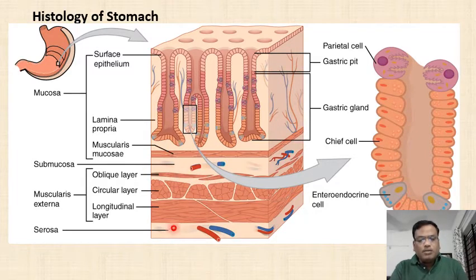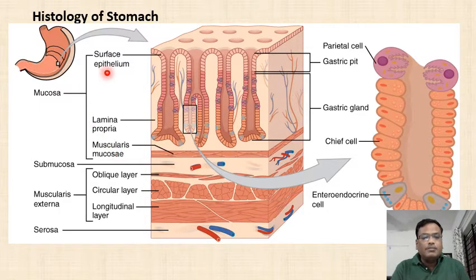So because of these three kinds of arrangements, the muscularis is very strong and very thick, right? As I already mentioned, compared to other parts of the alimentary canal, stomach has a very thick muscularis layer.